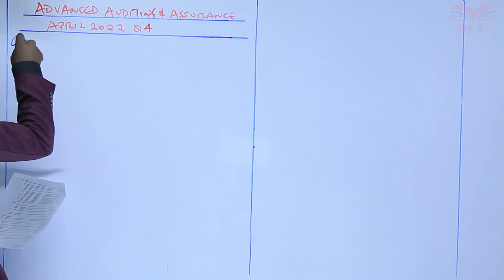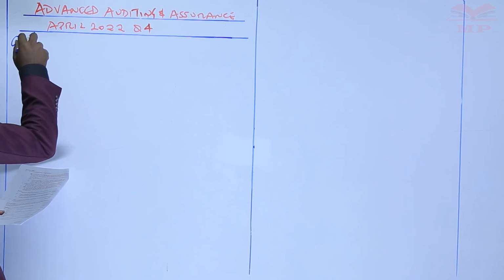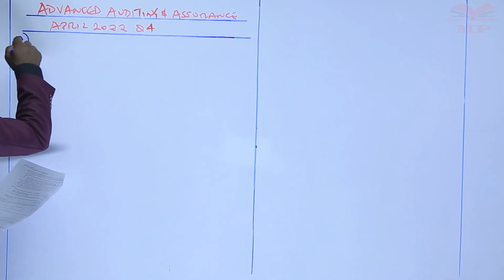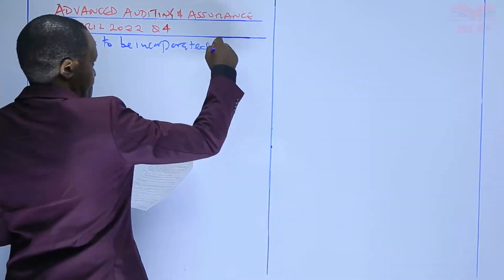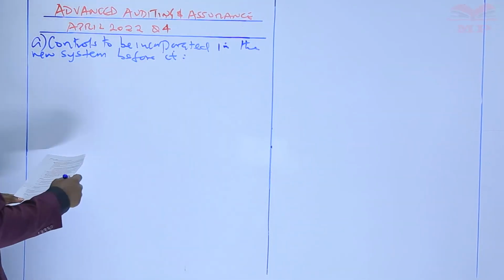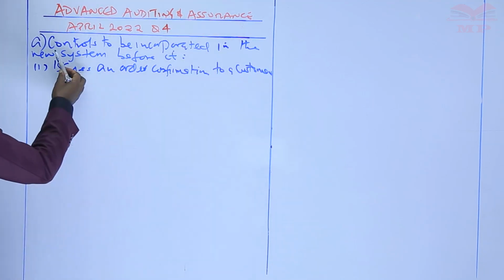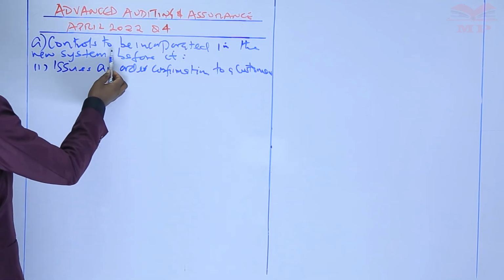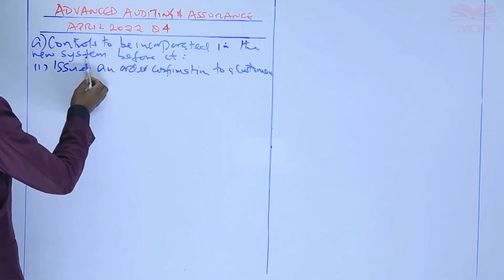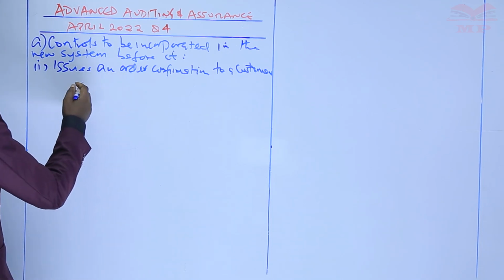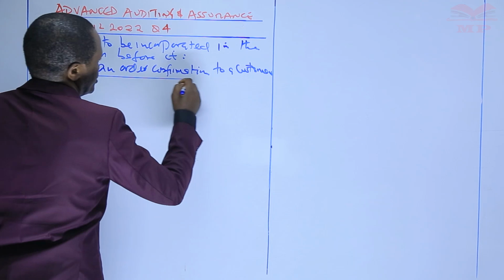A, describe controls to be incorporated in the new system before it issues an order confirmation to a customer.